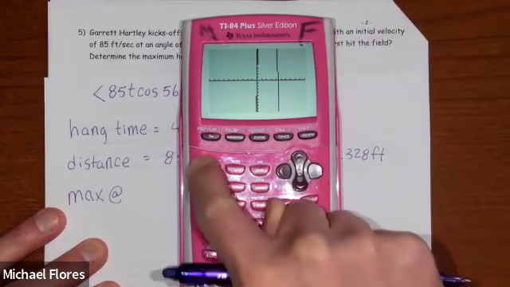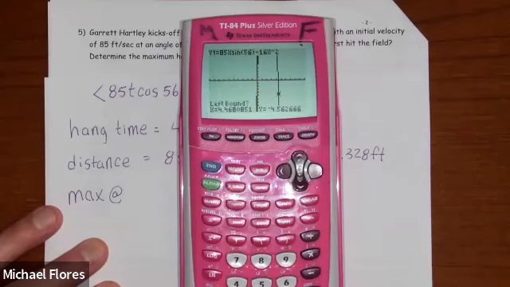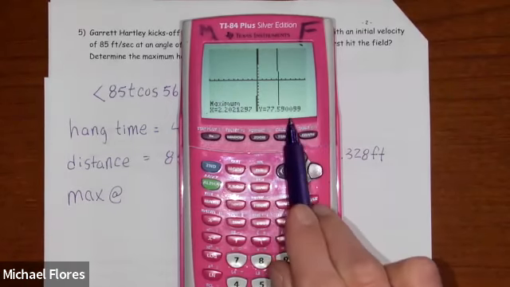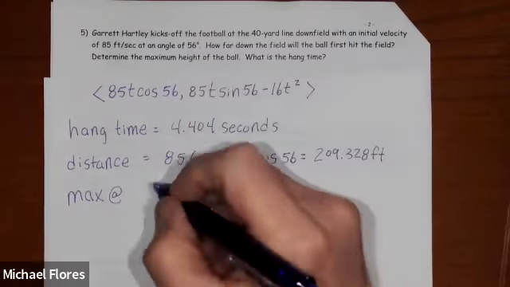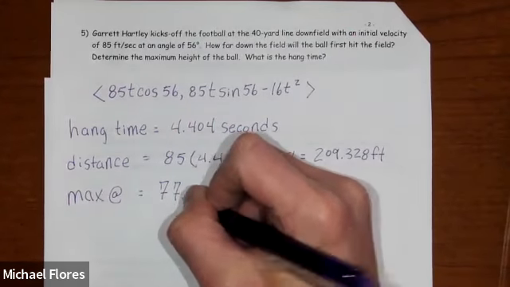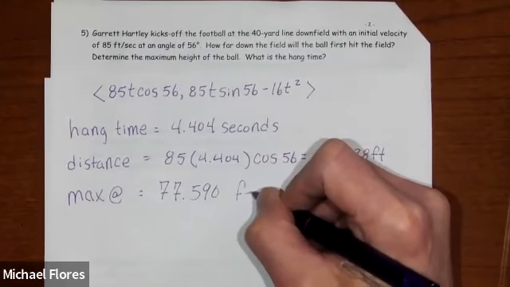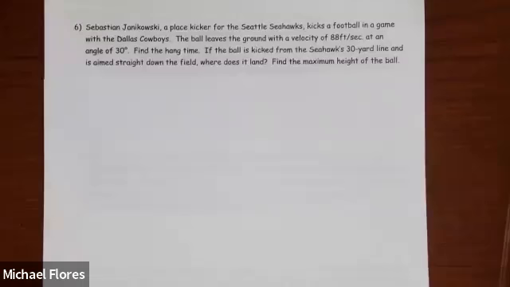So let's go second trace, highlight maximum, push enter, and now 2, enter, 3, enter, enter. Looks like our maximum height will be 77.590 feet high. And example 5 is now complete.